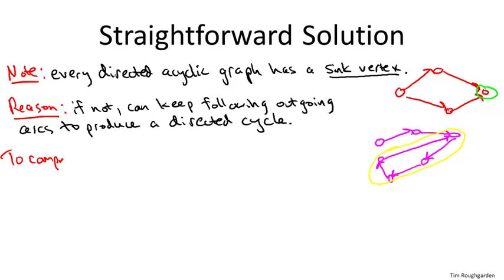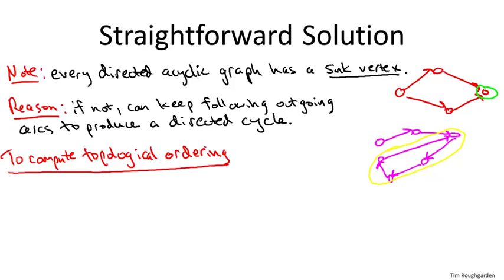Any vertex which has an outgoing arc, we better put somewhere other than in the final position. The node that we put in the final position, all of its outgoing arcs are going to wind up going backward in the topological ordering. There's nowhere else they can go. So in other words, if we plan to successfully compute a topological ordering, the only candidate vertices for that final position in the ordering are the sink vertices. That's all that's going to work. We put a non-sink vertex there, we're toast. It's not going to happen.